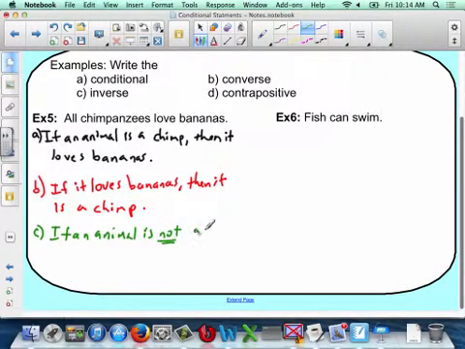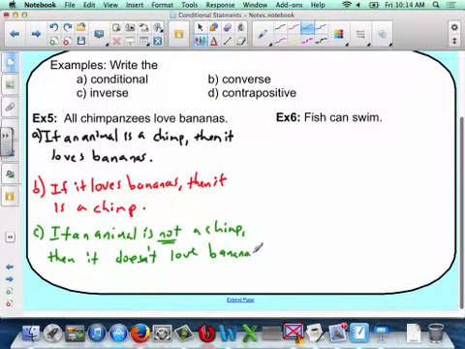It's not a chimp. Then what? Doesn't love bananas.